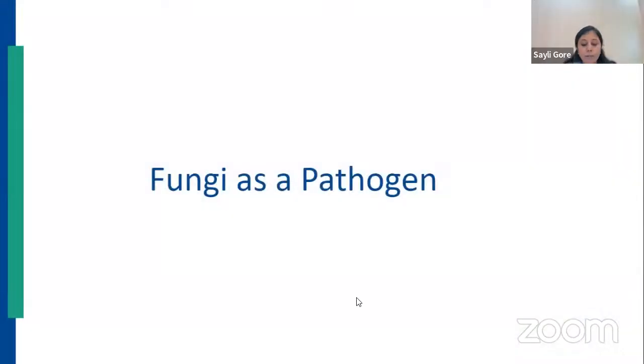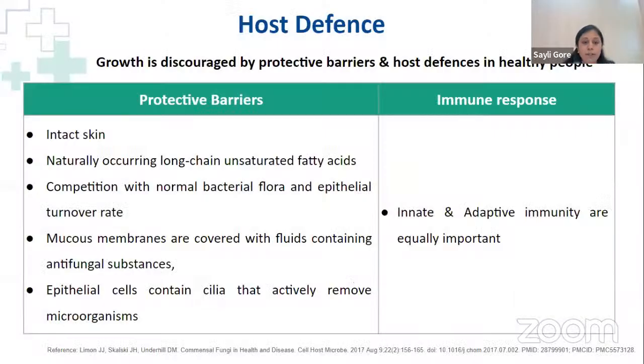So let's study the pathogenic fungi. Now you must be wondering that if we are so much exposed to all these fungal organisms, then why don't we all acquire those infections? But we do. There are some infections on skin, hair, or nails that can occur in normal individuals. But generally, in healthy people, the growth is discouraged by protective barriers.